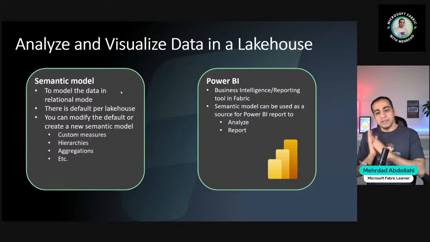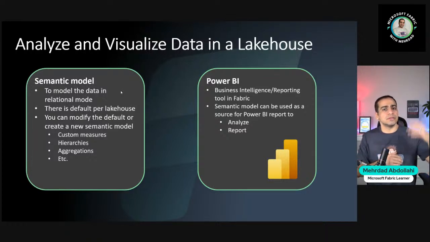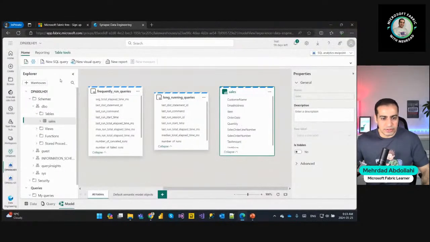Once this semantic model is ready, we can create the Power BI reports on top of that, right? Or even Power BI is going to utilize another table in another semantic model. So let's have a look at that one as well.